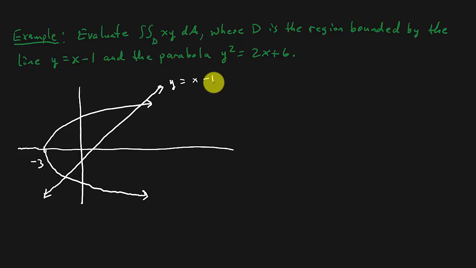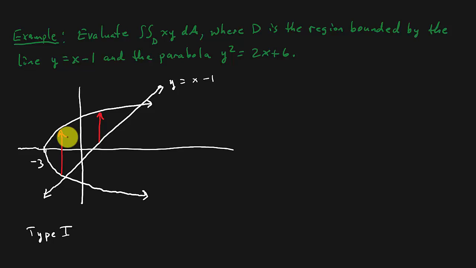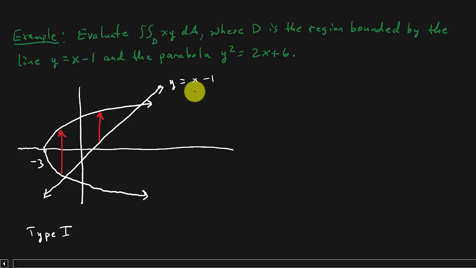All right, now we're going to set this up as a type 1. So that means our bounds, we're going this way, right? You see that? We're going like this. Now, you may see it now, but if not, I'm going to point it out. So our equations need to be in terms of x, right? So that's fine here.